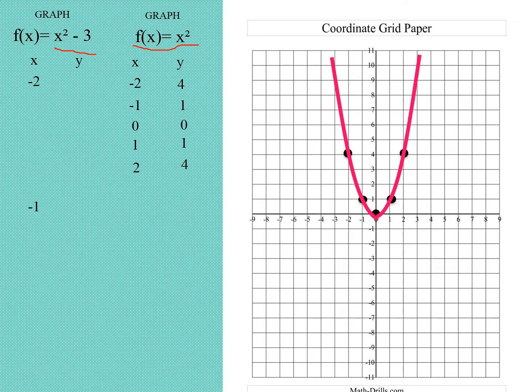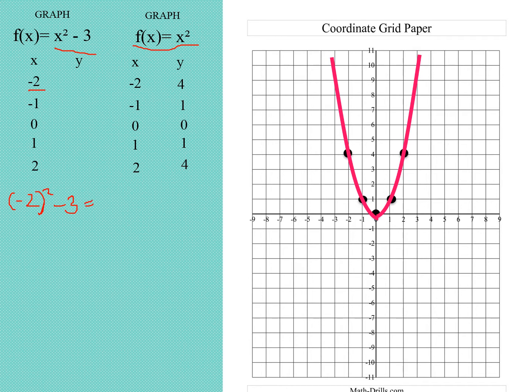So, let x again be negative 2, negative 1, 0, 1, and 2. So, for negative 2 again, we substitute it into our given. So, we have negative 2 squared minus 3.